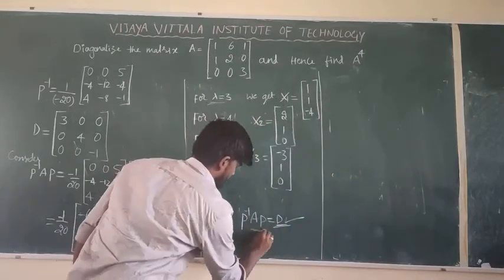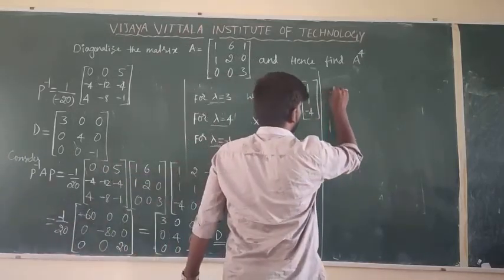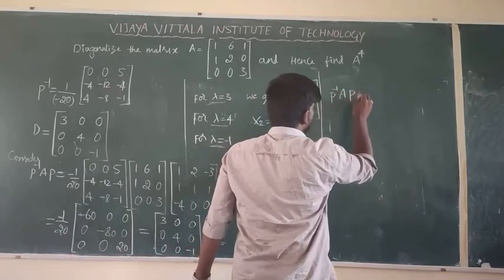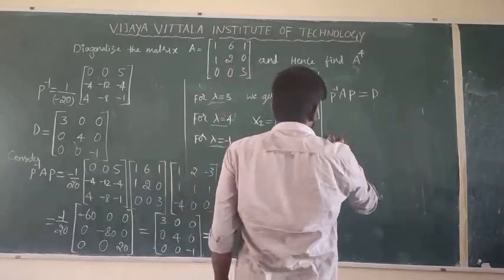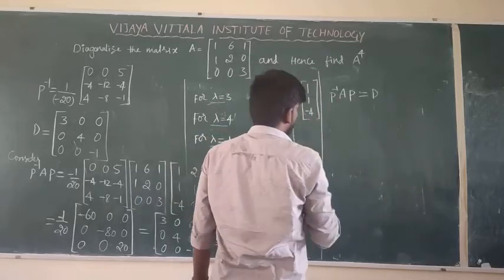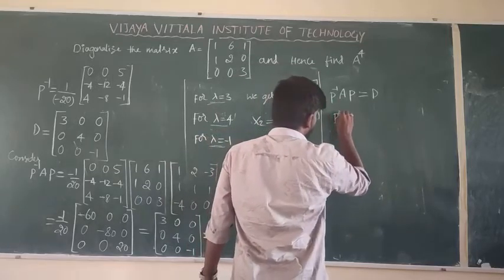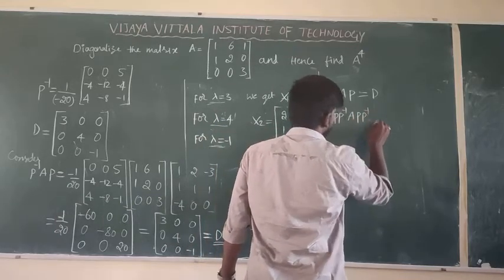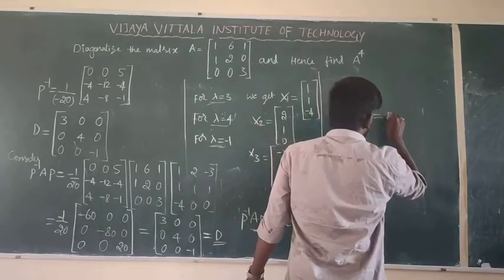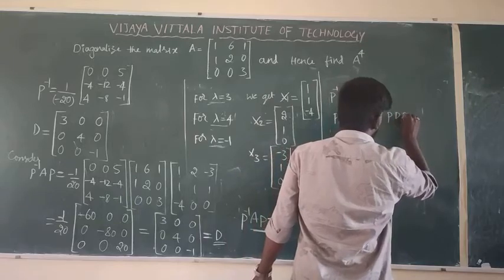Consider P inverse AP equals D, and multiply by P on both sides, we get P inverse A P equals D.